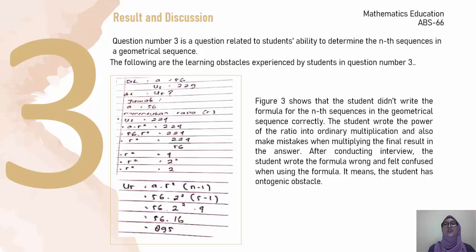The student wrote the power of the ratio as ordinary multiplication and also made mistakes when multiplying the final result in the answer. After conducting interview, the student wrote the formula wrong and felt confused when using the formula. It means the student has ontogenic obstacle.